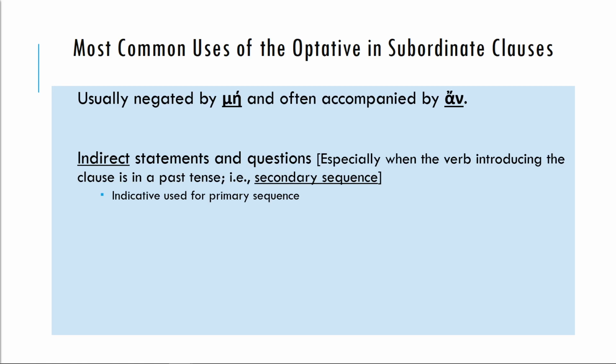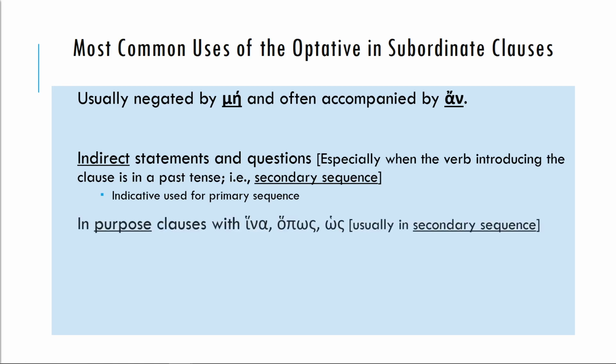In indirect statements and questions, if the main verb is primary sequence, present or future or perfect, then the verb of the subordinate clause will be indicative. But if it's in the past, you'll have optatives there.